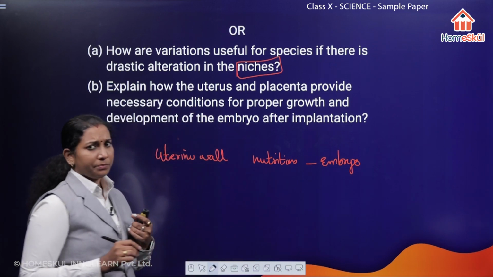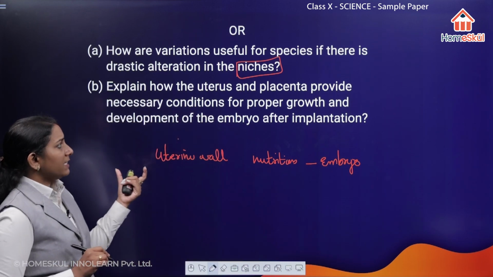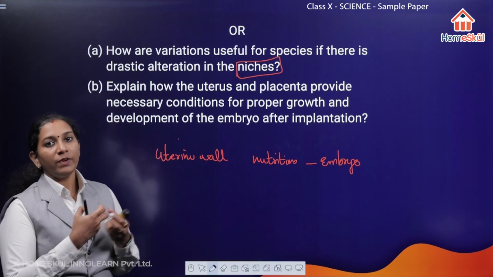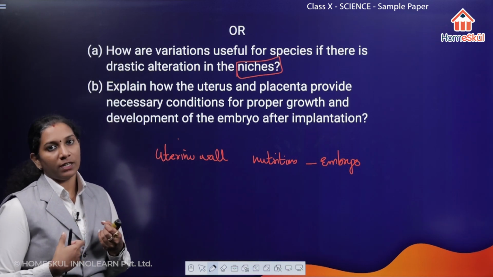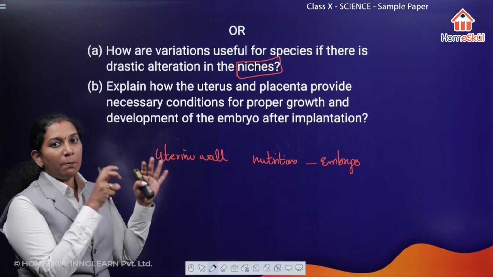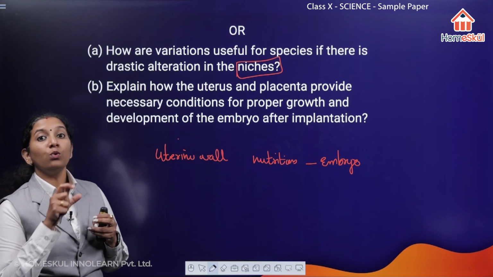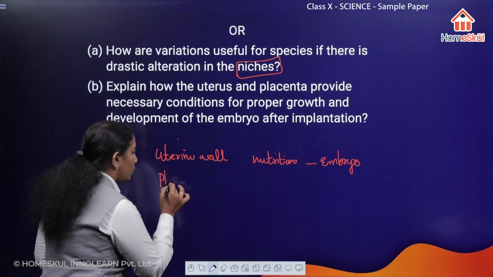And you know, the placenta is the main connection between a mother and a child, through which materials get transferred. The nutrients from the mother get transferred into the baby through the placenta. So that is the role of the placenta.